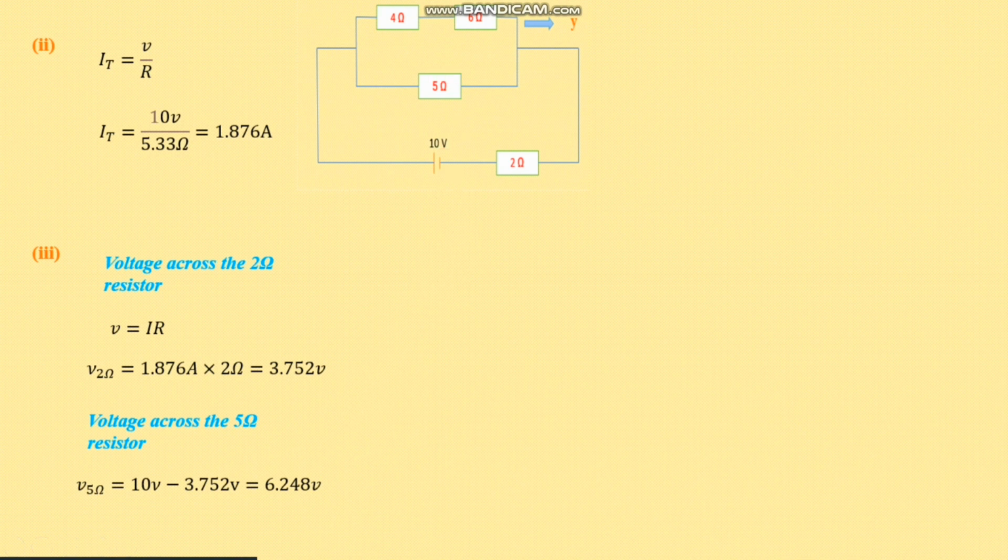The last part of the question, we were looking at the voltage across the 4 ohm resistor. Remember, at this point, when voltage is shared, the current is the same, meaning the current passing across the 2 resistors is the same.